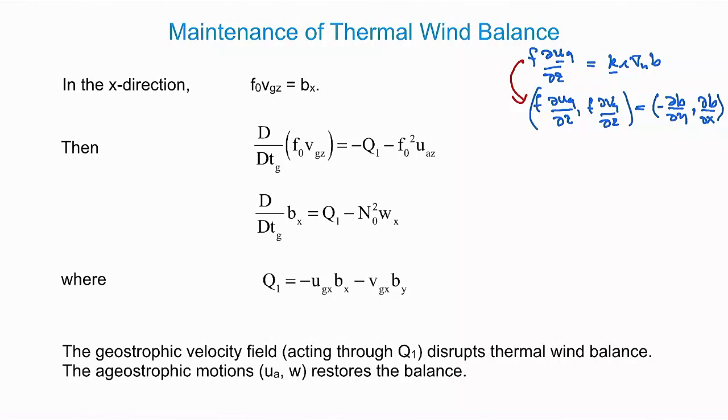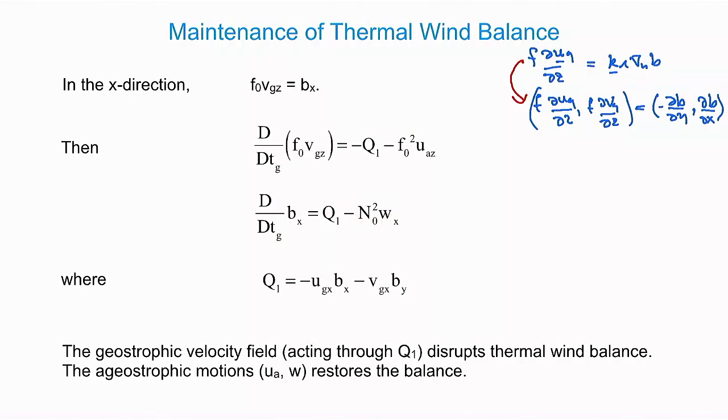So what I'm going to show you is that the equation for d by dt of this equals something called q, which Michael's introduced, plus something, an ageostrophic wind. D by dt of B, the buoyancy gradient, is q and a vertical motion.